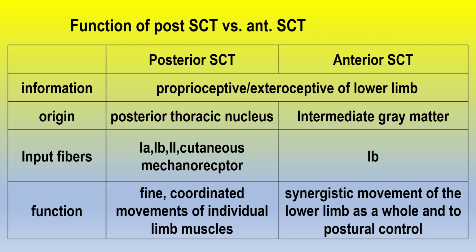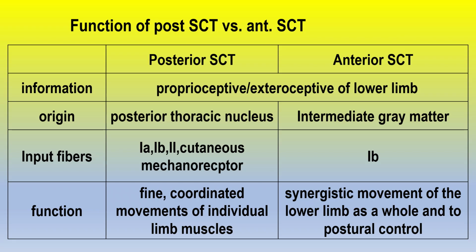Neurons in the posterior thoracic nucleus, the cells of origin for the posterior tract, transmit information characterized by modality and spatial specificity, derived from 1A, 1B, and group 2 muscle afferents, thereby facilitating fine, coordinated movement of individual limb muscles.